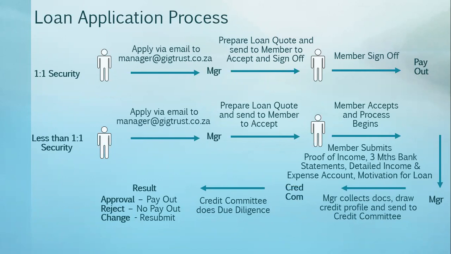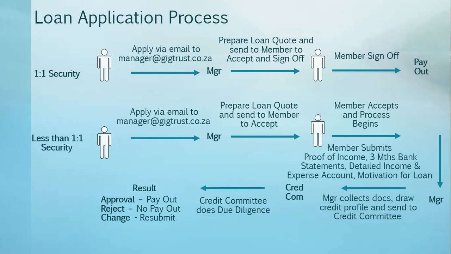They do their due diligence, and then one of 3 results. They approve it, and they give instruction through to the manager for payout, or they reject it, and there's no payout, or they come back to the member with an alternative suggestion to say, based on our analysis of your affordability, you can't afford this loan, but what if we structure it in this way?